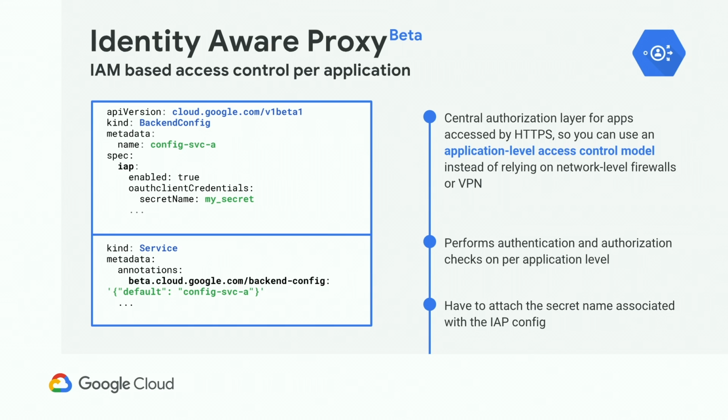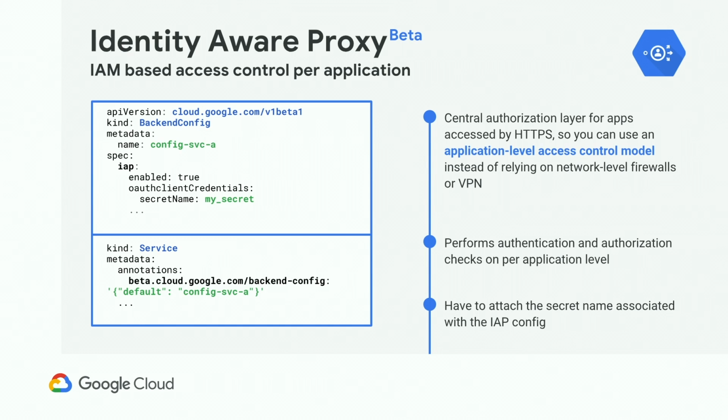The actual client you have to go ahead and create as part of your IAP setup flow, and then you just come back here and add your secret name once you generate the secret as well. And then once you've created your backend config object, you go back to your service definition and you add a link within annotations for the service to your backend config object, as mentioned here.